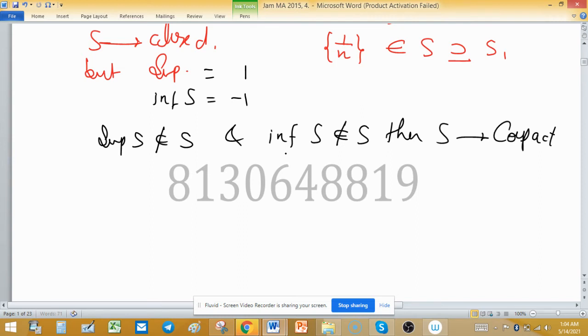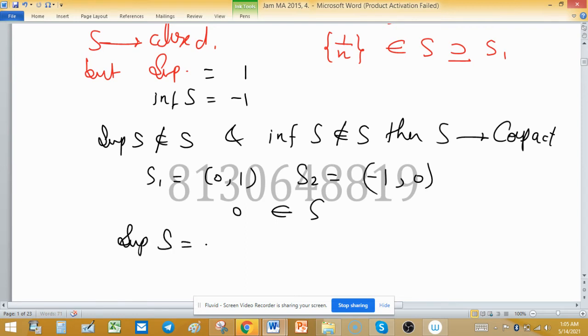Again consider S1 as the open interval (0, 1), and S2 as the open interval (-1, 0). 0 is the limit point, but not in S. Also the supremum of S is 1, but it does not belong to S, and the infimum of S is -1, which is again not in S. So both hypotheses are true, but the conclusion is not true.